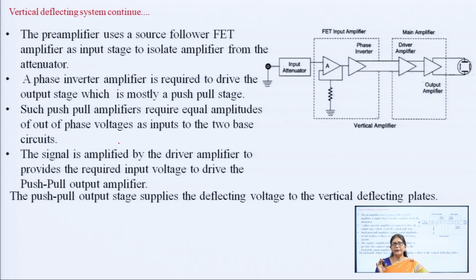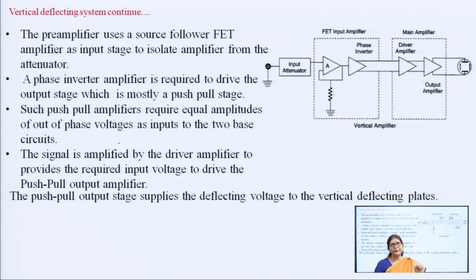The purpose of the vertical amplifier is, first, that the signal will not affect the CRT, and second, that the signal has the strength to drive the CRT vertical plates. To amplify the signal, a preamplifier is used.